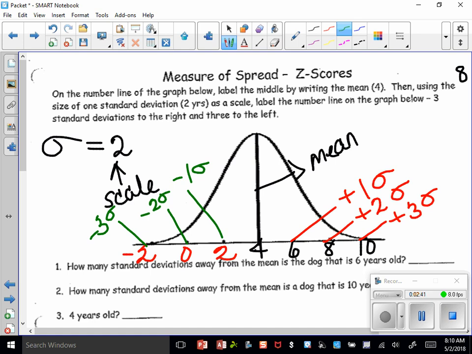The first question asks, how many standard deviations away from the mean is the dog that is 6 years old? Well, here's 6 right here, and here's our mean. It's just 1 standard deviation away, because you just count over to the next dot, since each dot is 1 standard deviation.